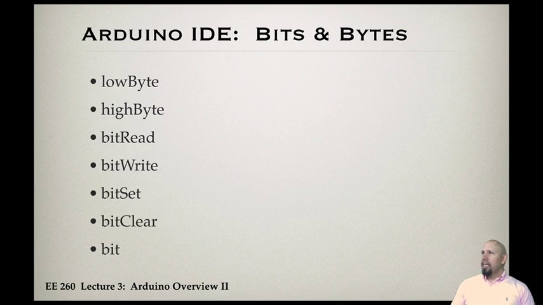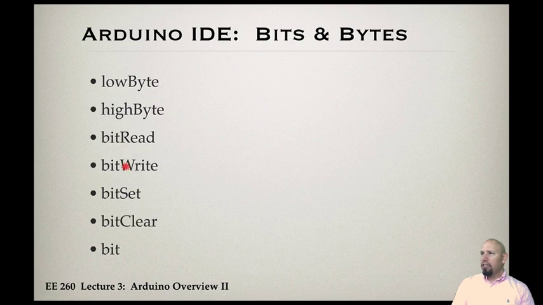The Arduino IDE can do certain things with bits and bytes. So for example, if you have a 16-bit thing, you can take 8 bits, which is a byte, and you can look at the low byte, or you can work with the high byte. Okay, so you can grab the low byte or the high byte of a 16-bit thing.